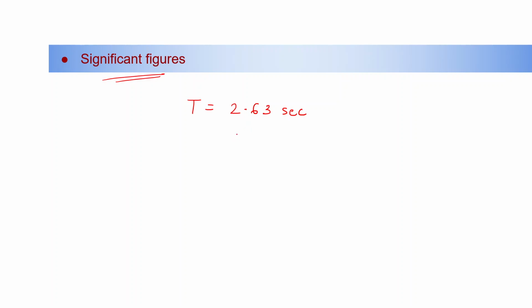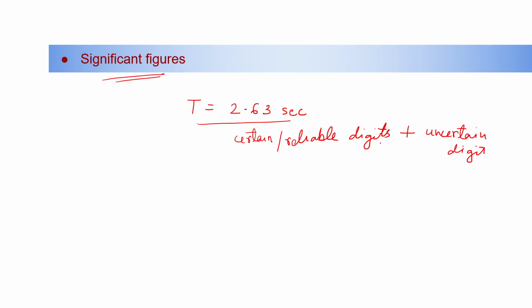These are also called certain or reliable digits. So when we report any measured value, it has certain or reliable digits plus the first uncertain digit, because after that uncertain digit there is no point in going to further decimals. When a reported value has these two parts, we call that the number of significant figures.